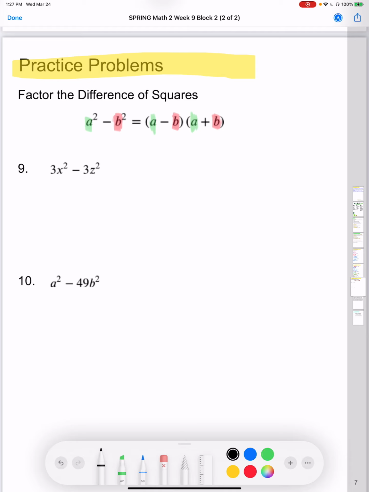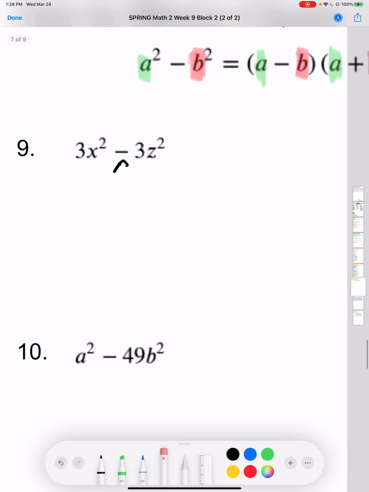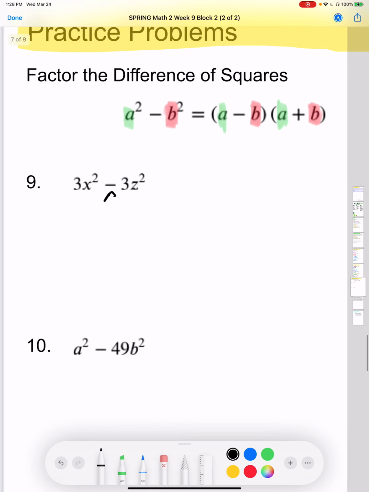So before we write it as a difference of squares, and it should be obvious why it's a difference of squares. You have a square here and a square here. You have a subtraction sign. I can actually factor out a 3. So I have a GCF that I can factor out. I'm trying to erase this arrow and it's not erasing. That's fine. We'll write over it.